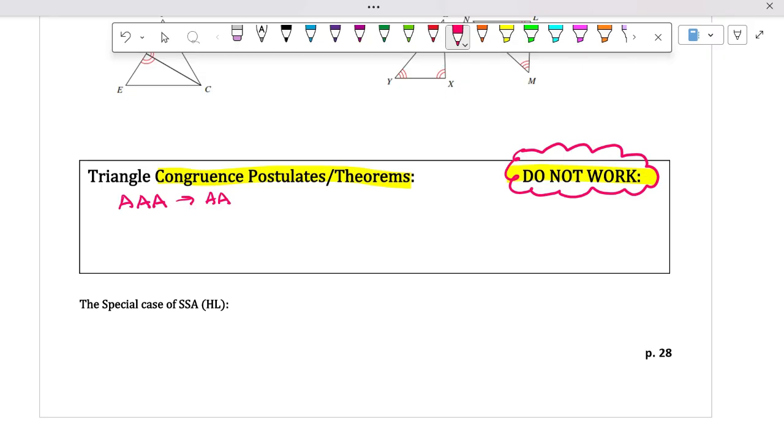All right. So in other words, if we had 3 angles marked as congruent on one triangle, and they are the 3 angles of another triangle. So why do you think I made the second triangle bigger?